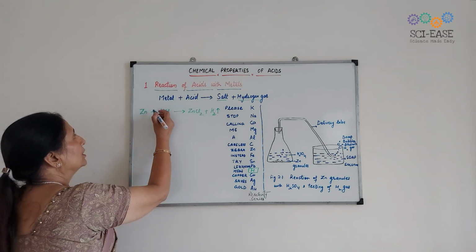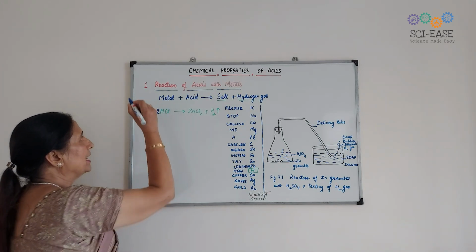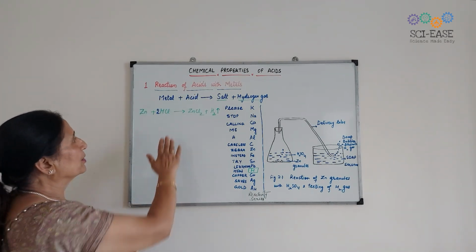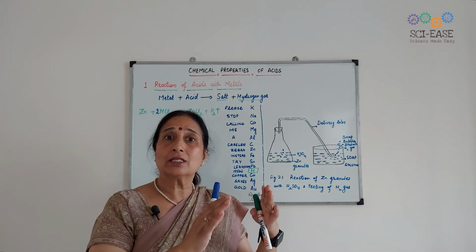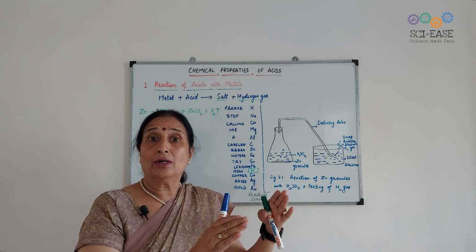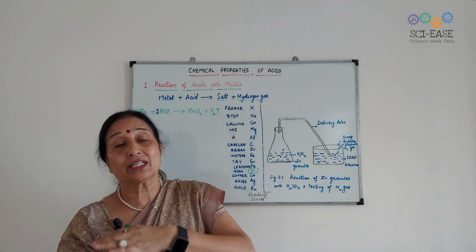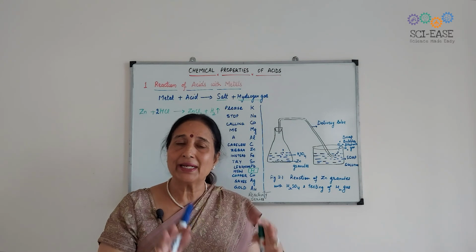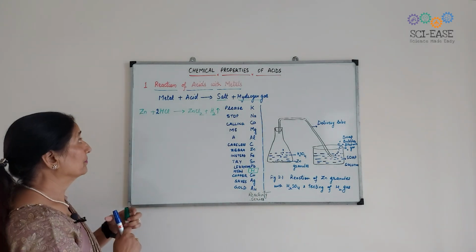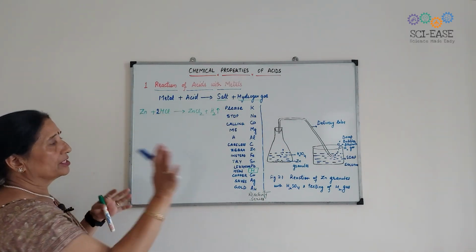We will put 2 in front of HCl. Now the equation is balanced. Balancing is a must because no substance can be destroyed or formed during a chemical reaction.